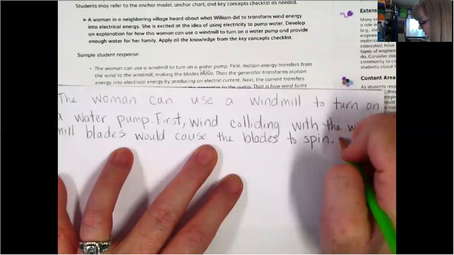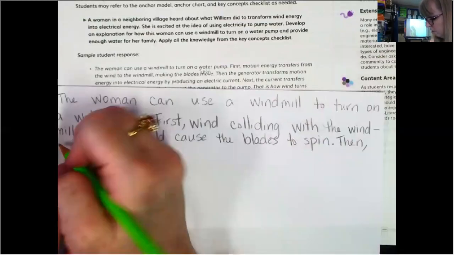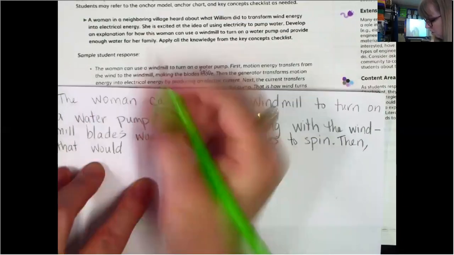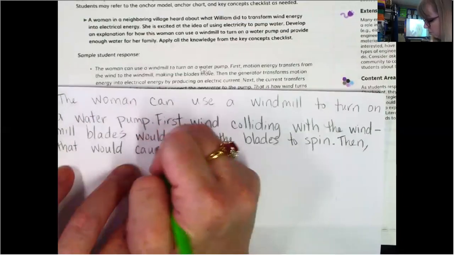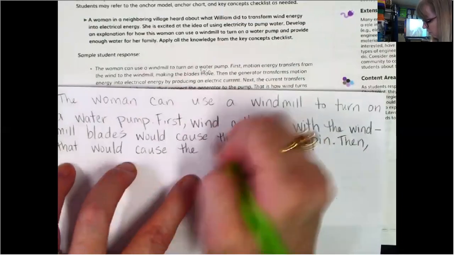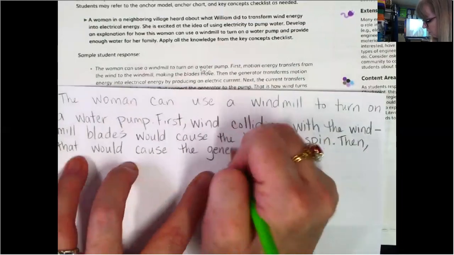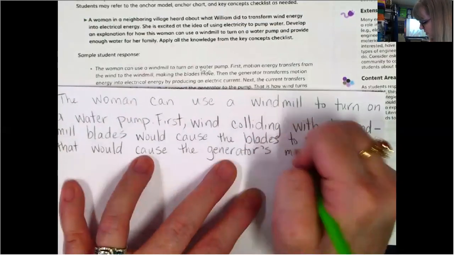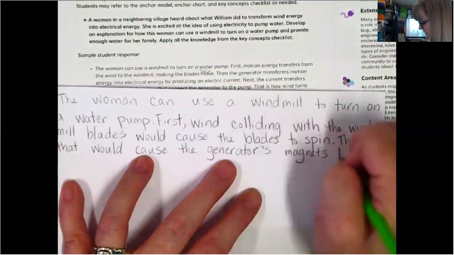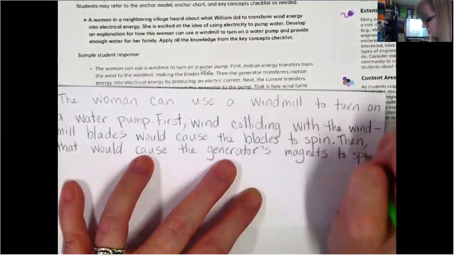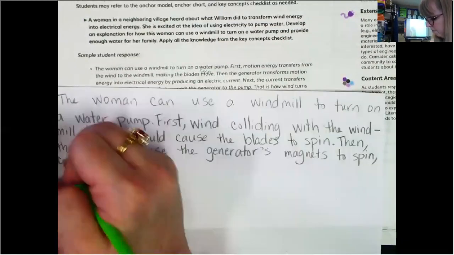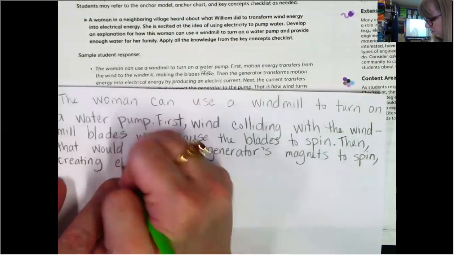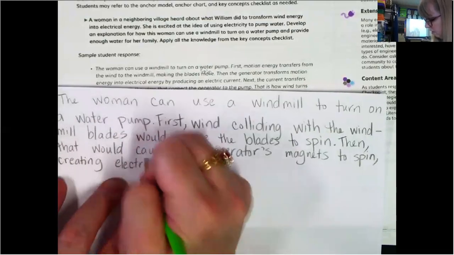Then that would cause the generator's magnets to spin, creating electrical energy.